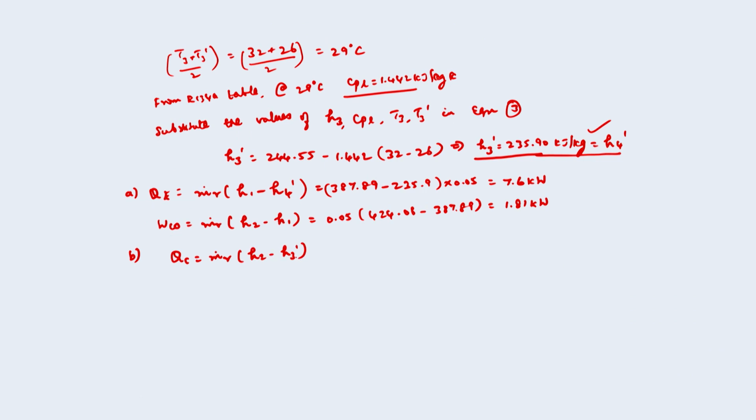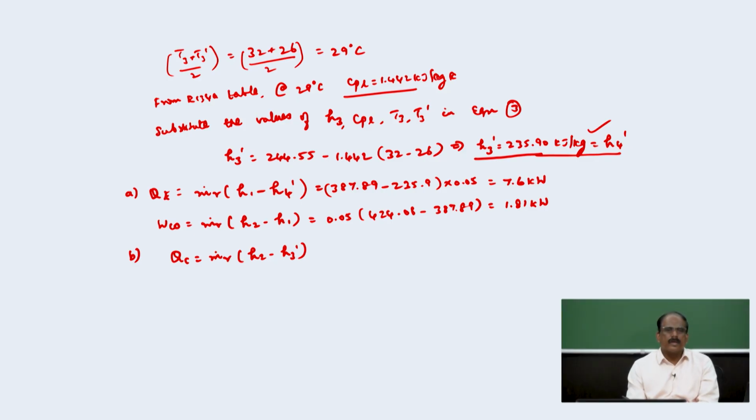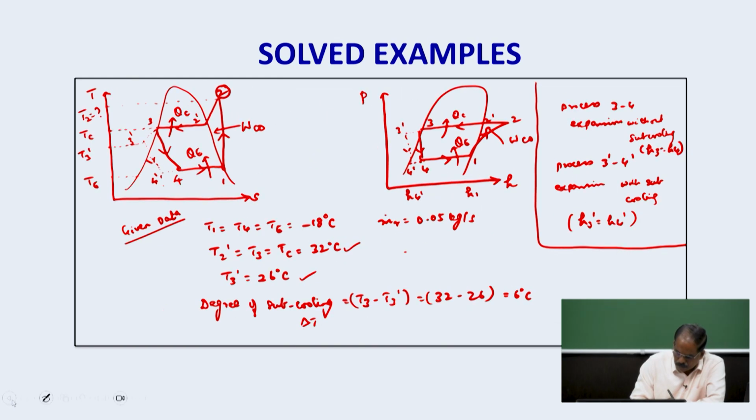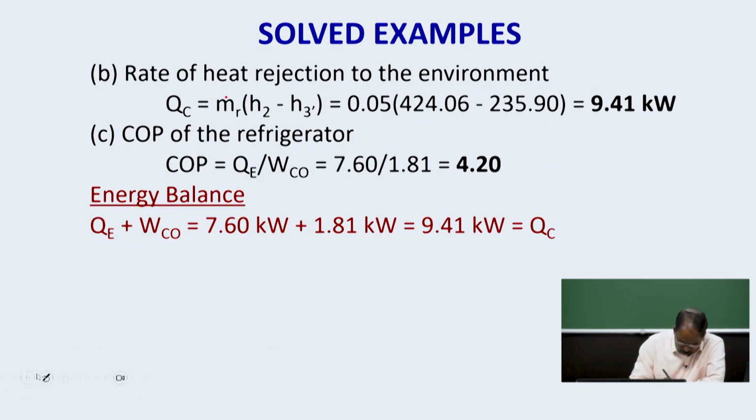Normally we take H2 minus H3, that is for the condition without subcooling. When subcooling is considered, the enthalpy difference is H2 minus H3 dash, which is 0.05 into 424.06 minus 235.90. The condenser heat load comes around 9.41 kilowatts.